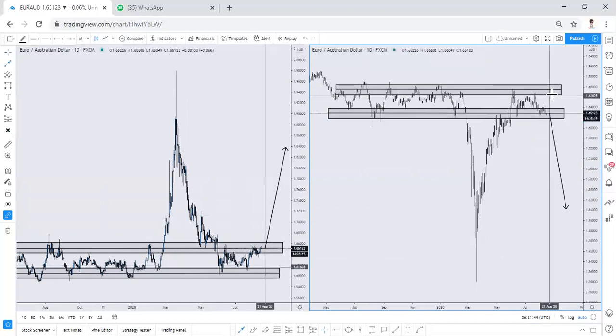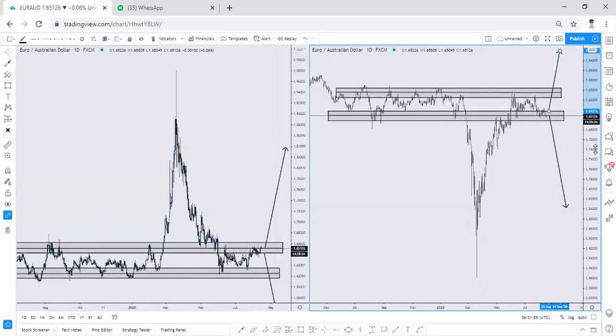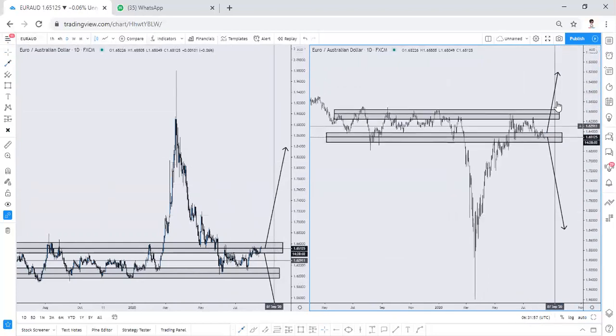But looking at your chart at your own end, which one has more potential? Is it to the upside or to the downside? To the upside has more potential. Why did you say to the upside? Like the normal chart now.